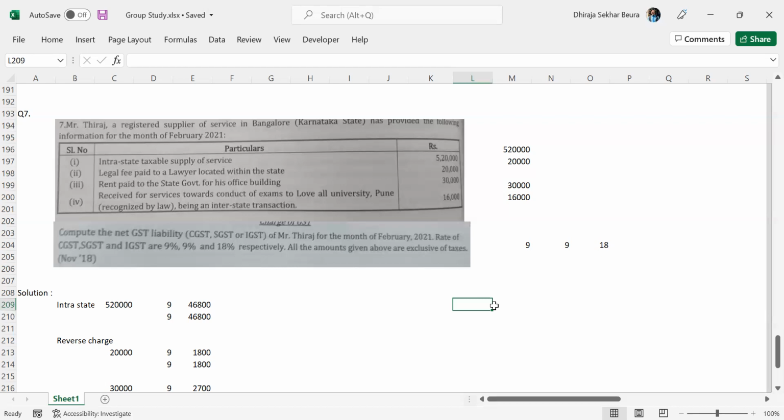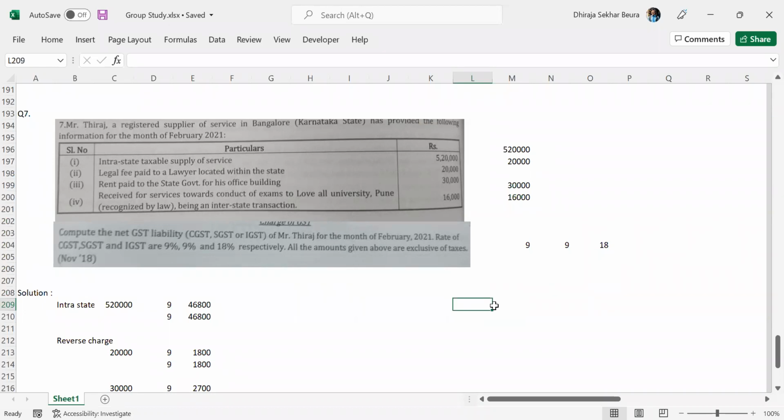Now there are some strict rules that the GST law has kept, which is, when you have a GST payable as per reverse charge mechanism, that is on services that you have received, you cannot utilize input tax credit against it.